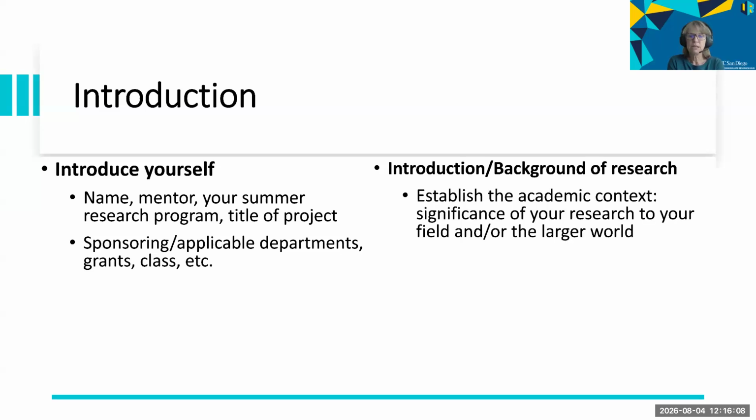Next bullet. So you want to establish the academic context. Basically, you want the audience to know the significance of your research to your field and or the larger world. So your research, even if it's a completely novel idea, is based on research that has already been done. So you might be investigating a novel idea, but you need to establish that this is a novel idea.